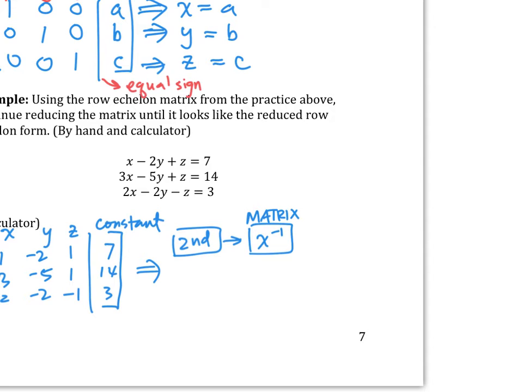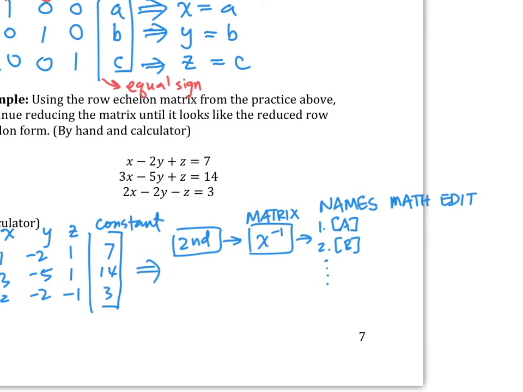And then you're going to see a screen that looks something like this: names, math, edit. When you first enter the screen, you're on names, and then it has 1, A, 2, B, and so on. So these are all the matrices that are available, and you can do whatever you want with them.